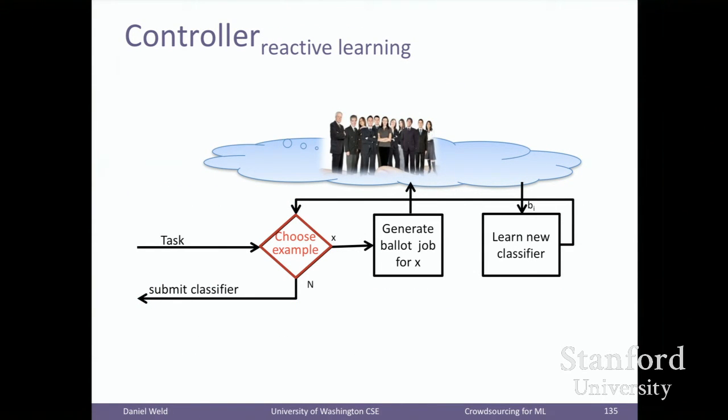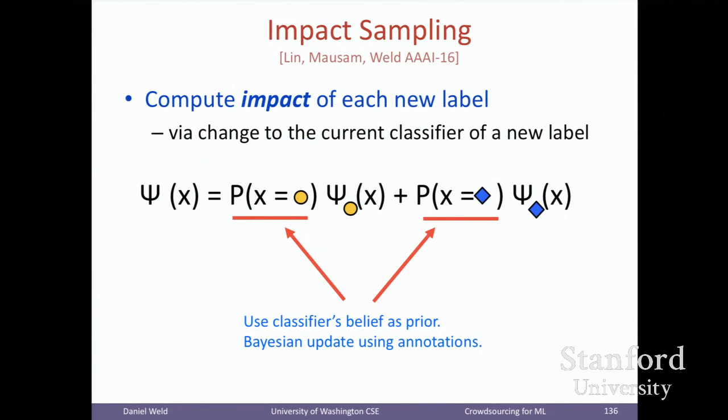So again, we can think about this in terms of decision theory. The question is, which examples should we get? Without going into the details, the method that we came up with is called impact sampling. What we do is consider a set of labels, and then we say, well, suppose this label comes back as a positive. What's that going to do to my classifier?